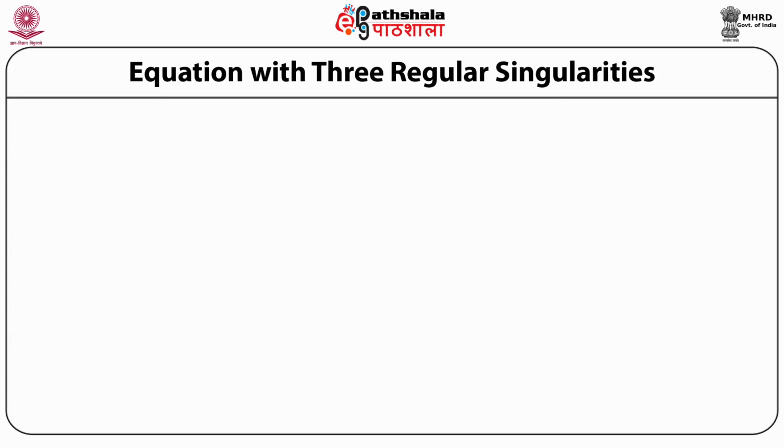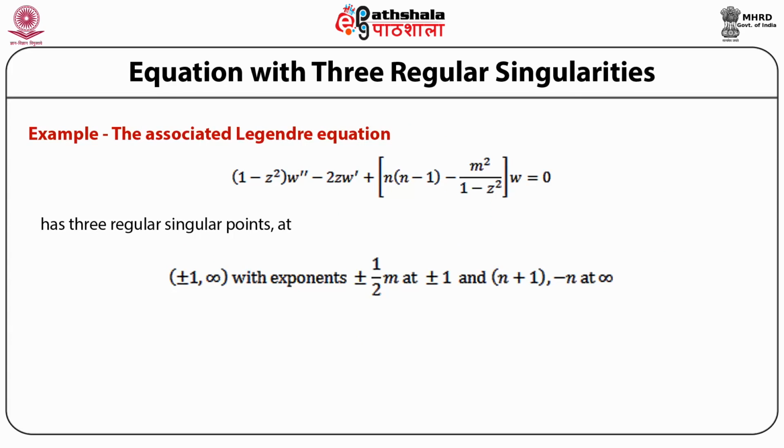Now we consider an example of the associated Legendre equation given by (1 - z squared) w double prime minus 2z w prime plus w times, within the brackets, n(n + 1) minus m squared divided by (1 - z squared), is equal to 0.